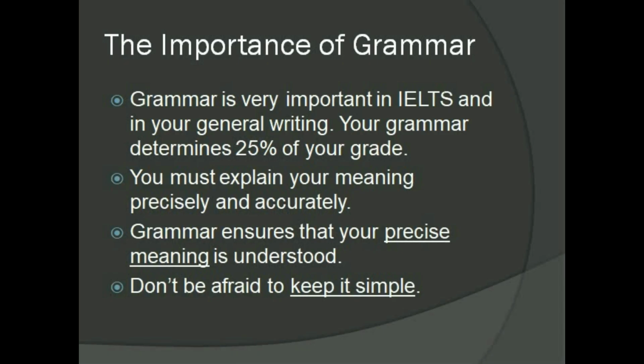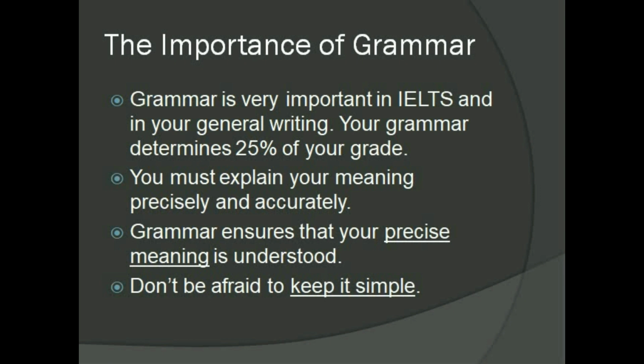So firstly, we need to consider why exactly this is so important. Well, grammar is a very important part of the IELTS writing exam. It is worth 25% of your grade. The four criteria, which are each worth 25%, are vocabulary, grammar, coherence and cohesion, and task response.